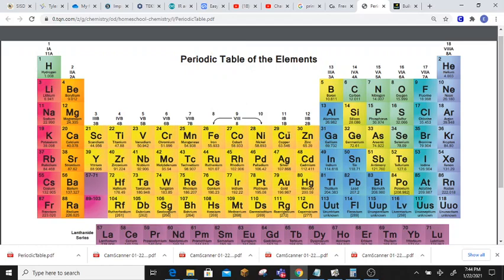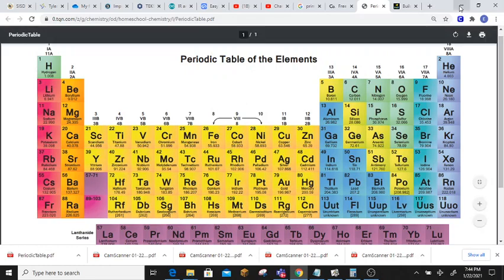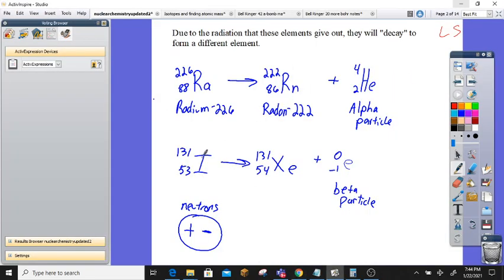Yes, it can, if it's an isotope of that element. So here is another example. You have iodine. Iodine will actually turn into xenon. So, like I said, these elements can turn into any element.